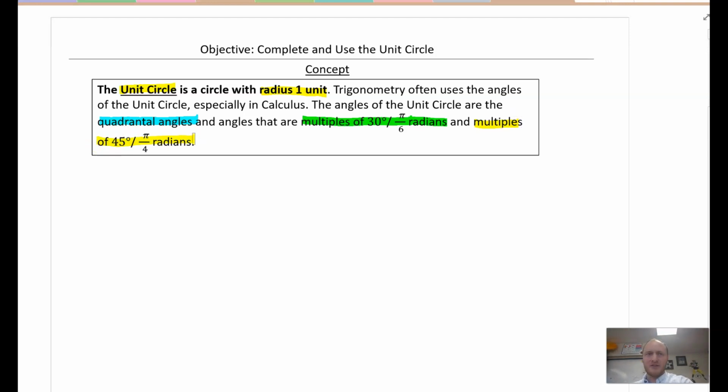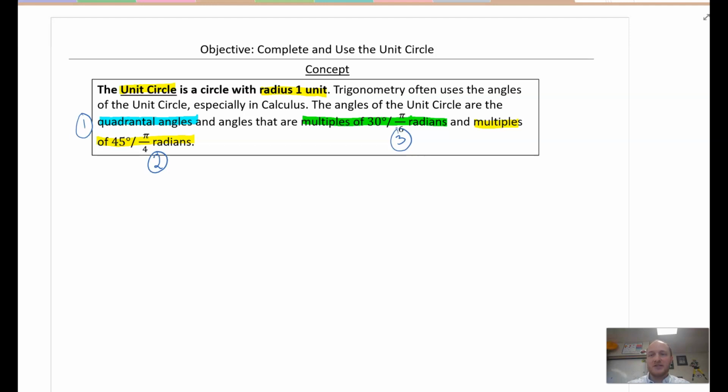That's kind of our technique when we make our unit circle. We'll start out with quadrantal angles first, then I switch it up and do pi/4 radians. I feel like it intuitively goes better that way, and then we have pi/6 radians. That's the order I construct the unit circle in, and you can see what you like.